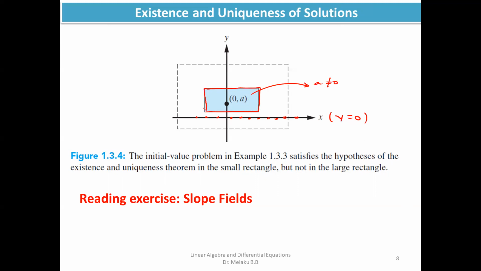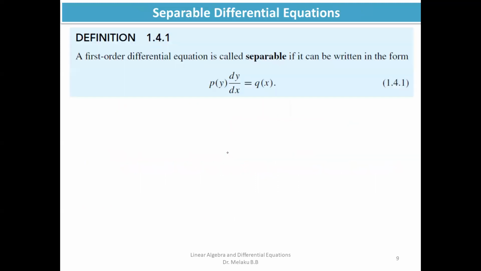Because in the small rectangle, f is continuous, as well as the partial of f with respect to y, but not in the big rectangle. Please try to read about slope fields; this is also important, and it will help you understand the geometry of differential equations. You have some questions in your book, so see them.